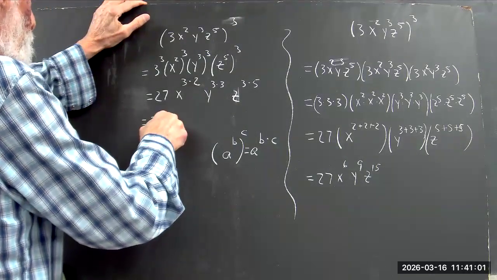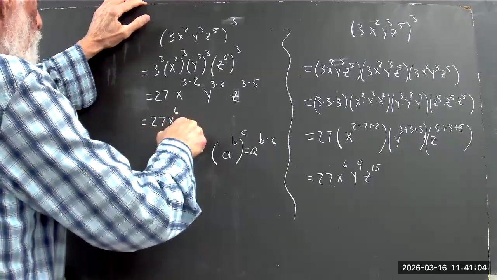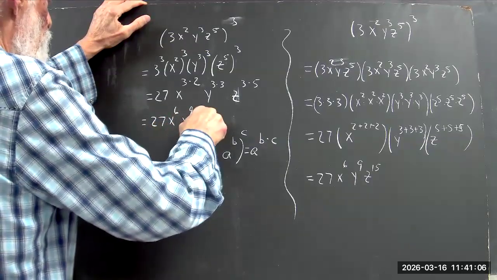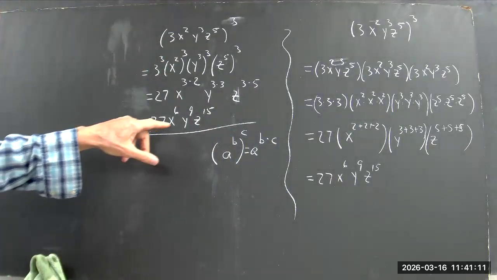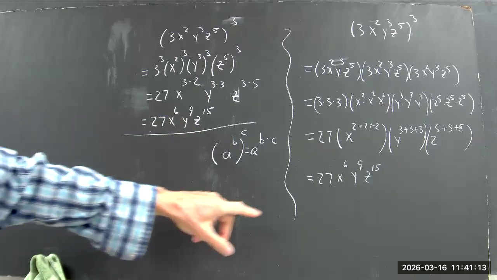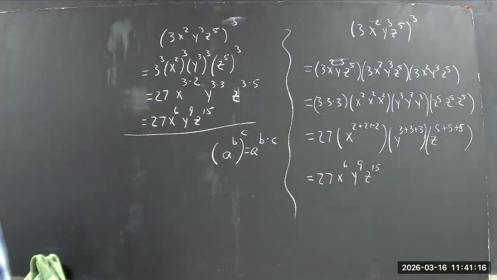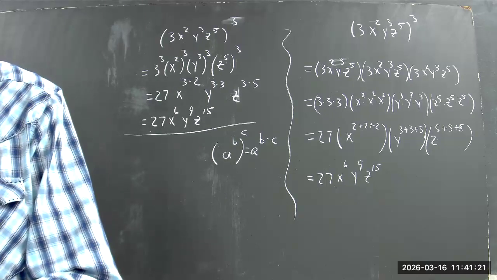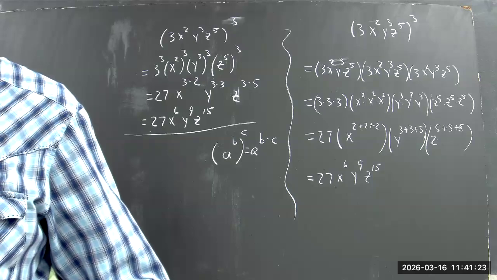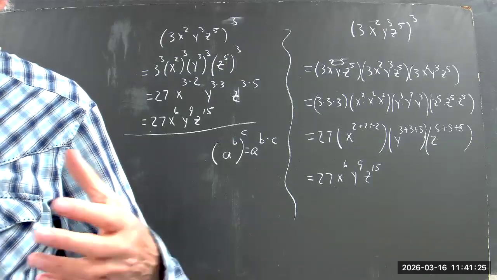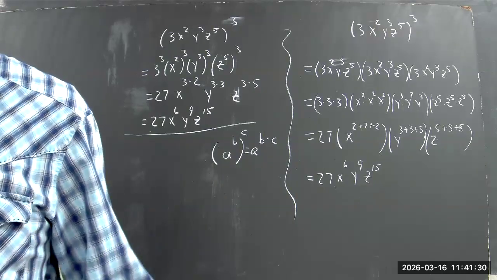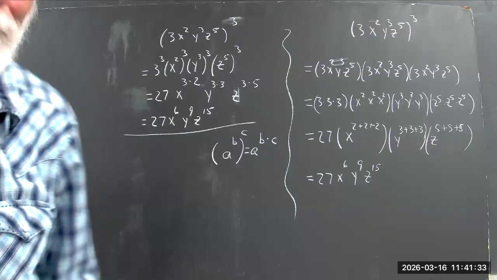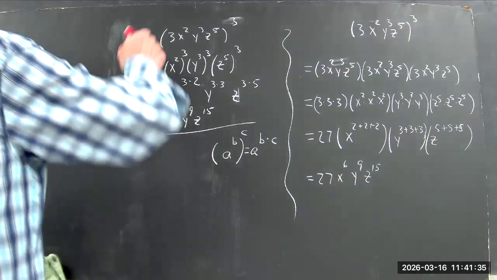Now, we get our final result: 27, x to the 6th, y to the 9th, z to the 15th, and we see that it works out perfectly. Totally agrees with our first solution where we wrote out every possible expression. Okay, so we know that we're safe using these rules as best we can know anything. Yeah, we've got to stay a little skeptical.